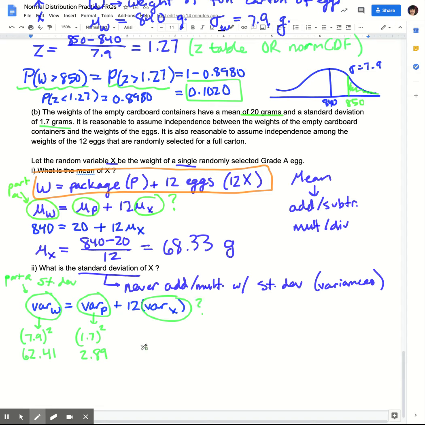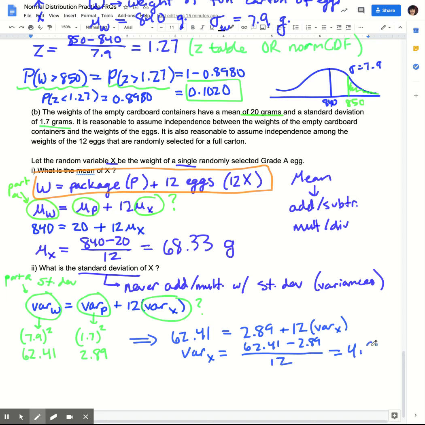Okay, so I can now plug in the information that I know and do some solving here. I'm going to put all this together and say 62.41 equals 2.89 plus 12 times the variance of one egg, which is what I don't know. So the variance of one egg is 62.41 minus 2.89 divided by 12, which is 4.96.